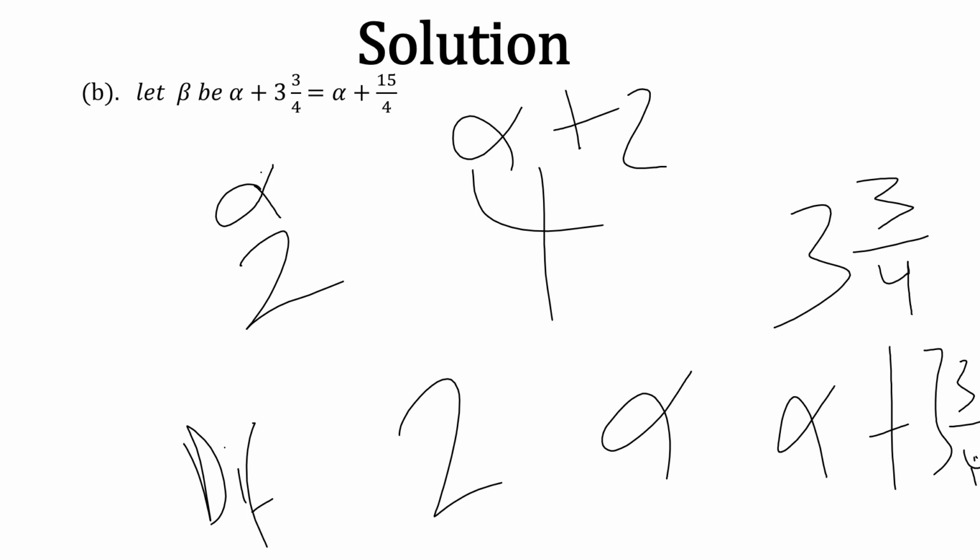But if alpha is bigger than beta, then it will be alpha minus 3¾. But let's just assume beta is bigger. Okay, let's continue.